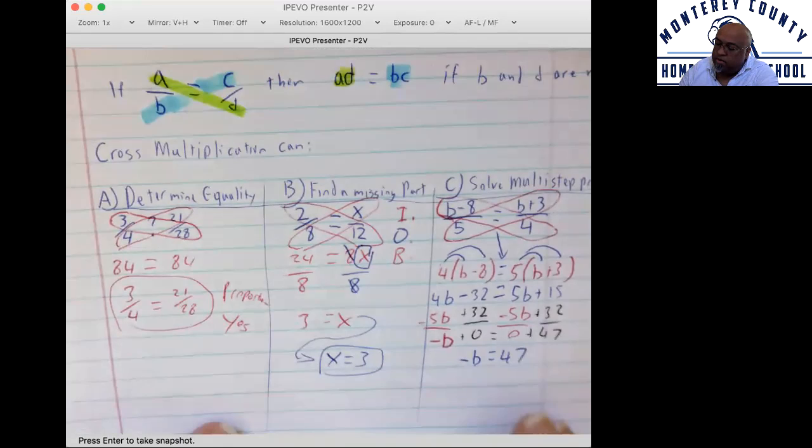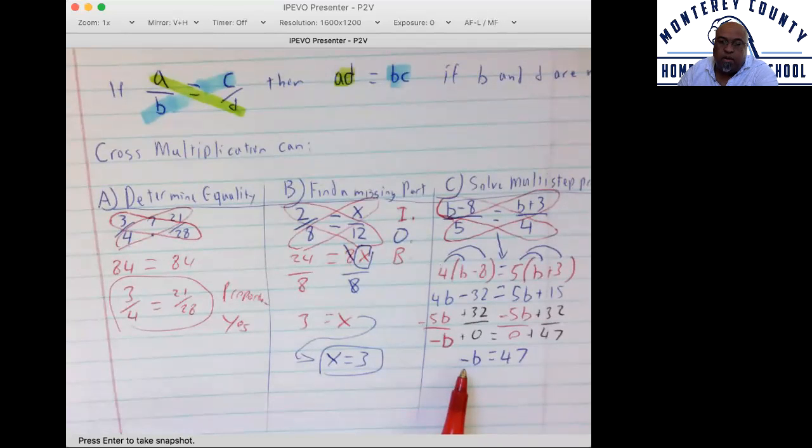Why? Because in order to be a solution, the value of b cannot have a negative sign in front of it. Now, it could be negative. It could be like b equals negative something. But on the same side of the equal sign, it cannot have any sign in front of it. It has to have nothing there.